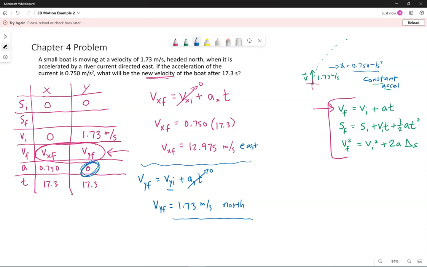Now, because the problem is giving us magnitudes and then in terms of north and east, it would be most appropriate to give the overall velocity in terms of a magnitude and direction. So we know eastward, the boat will be traveling 12.975 meters per second. Northward, 1.73 meters per second. So the magnitude will be the hypotenuse here.